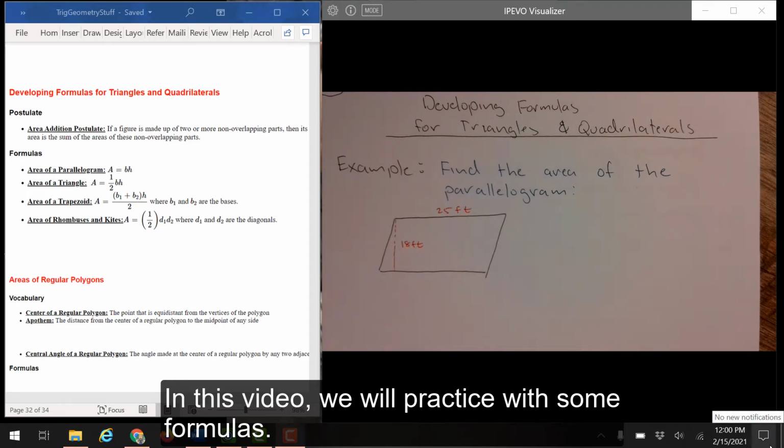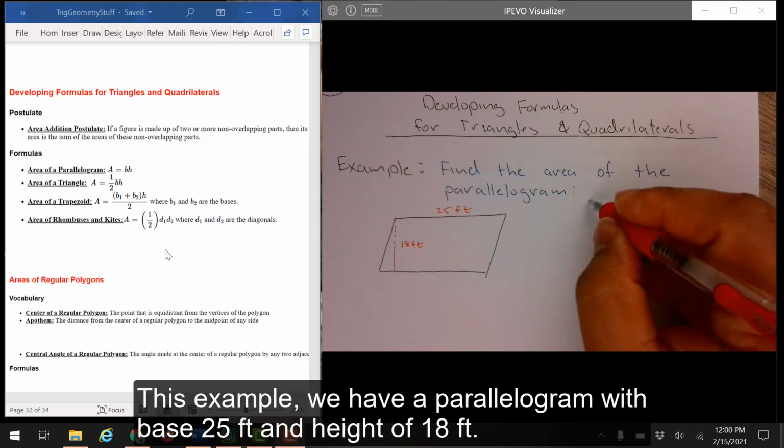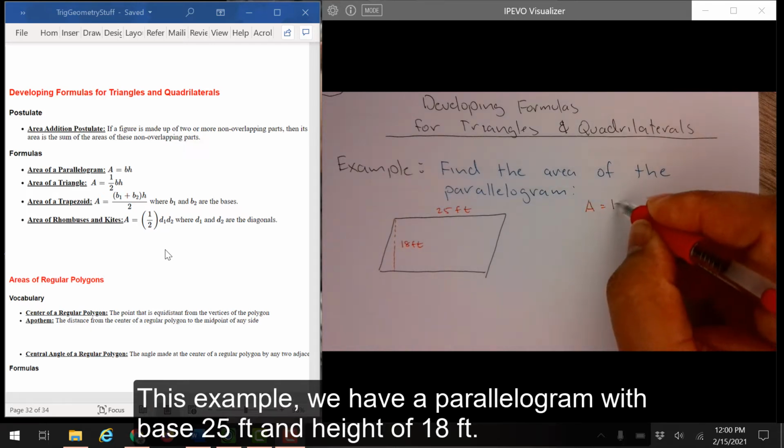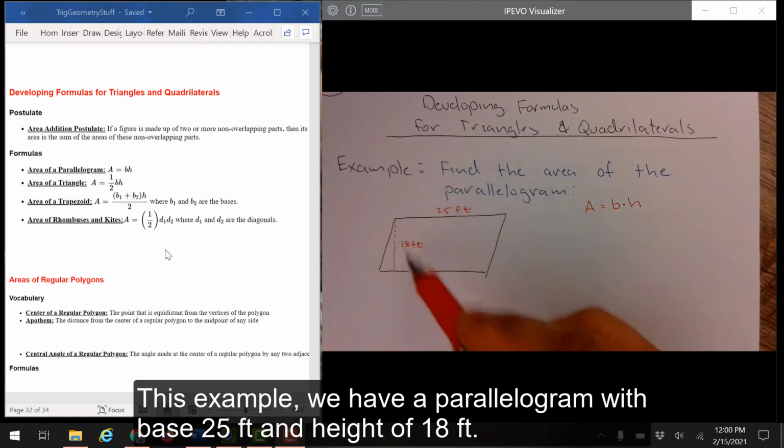In this video, we will practice with some formulas. In this example, we have a parallelogram with base 25 feet and height of 18 feet.